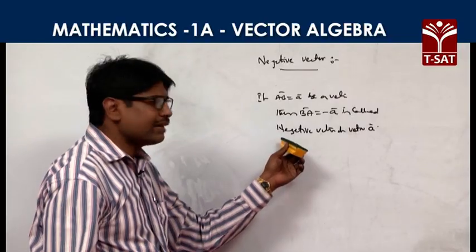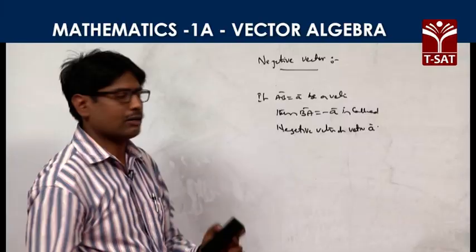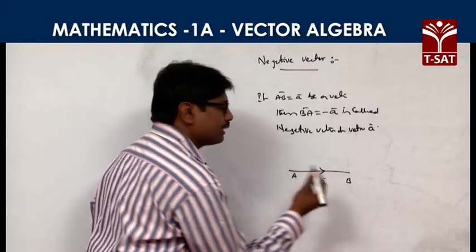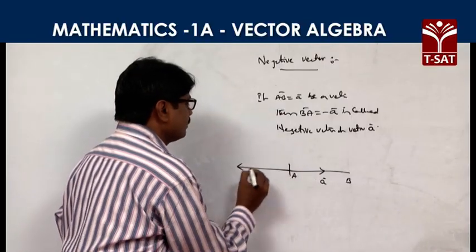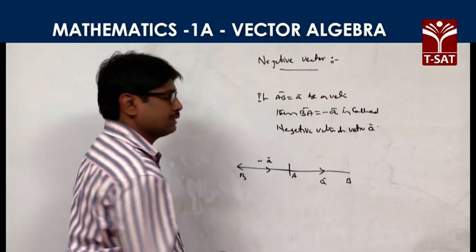So a negative vector will be in the opposite direction of the given vector. For example, AB bar is equal to A bar, be a vector; in the opposite direction, that is BA bar, will be equal to minus A bar.